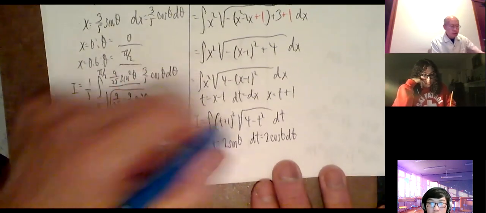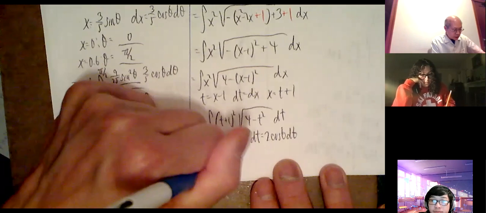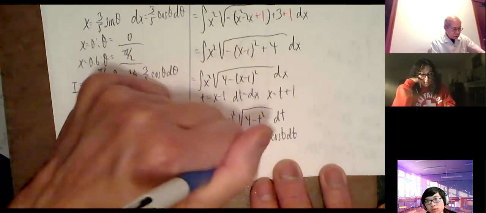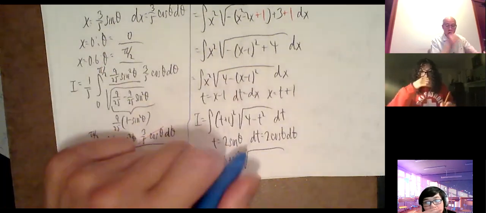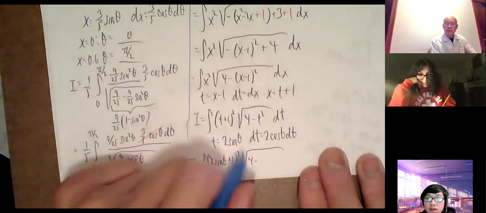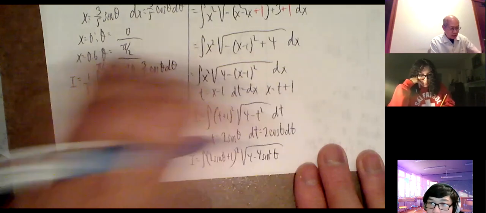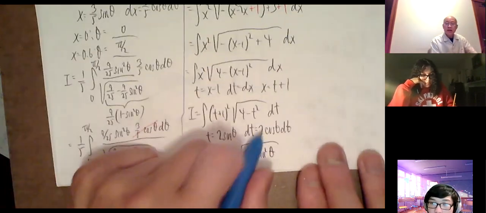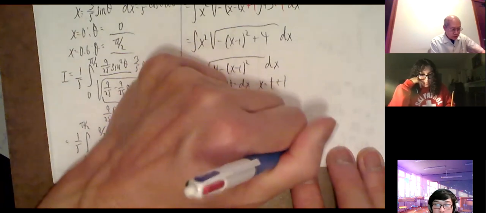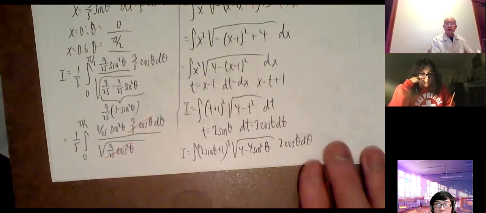So I now have t, which is 2 sine theta plus 1 squared, radical 4 minus t squared, 4 sine squared theta. dt is all this stuff, 2 cosine theta d theta.